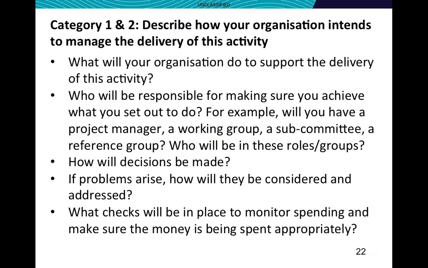So category 1 and category 2 asks you to describe how your organisation intends to manage the delivery of the activity. So how are you actually going to support the delivery of the activity? Who's going to be responsible for delivering it, and making sure that you achieve what you have said you will do? So for example, are you going to have a project manager, a working group, a subcommittee, or a reference group? Who's going to be in those roles and groups?